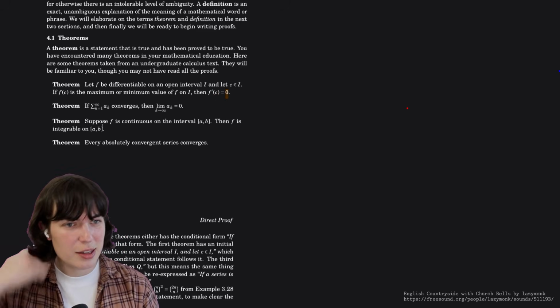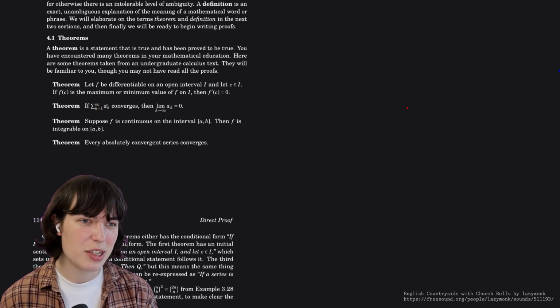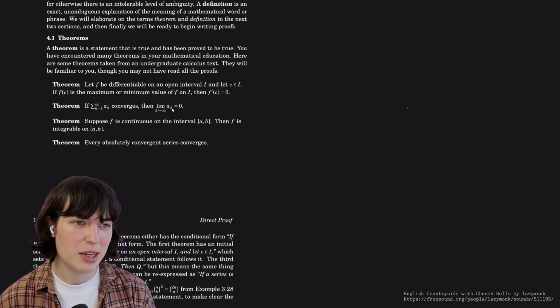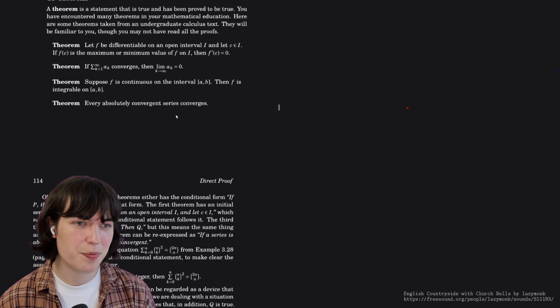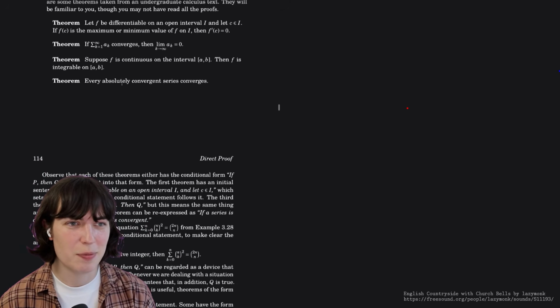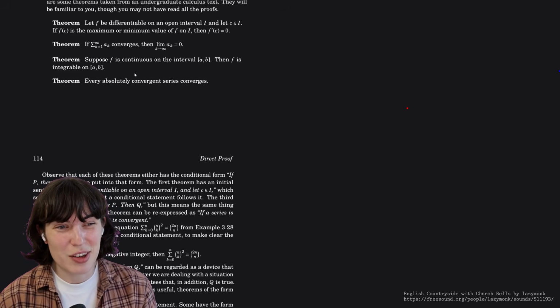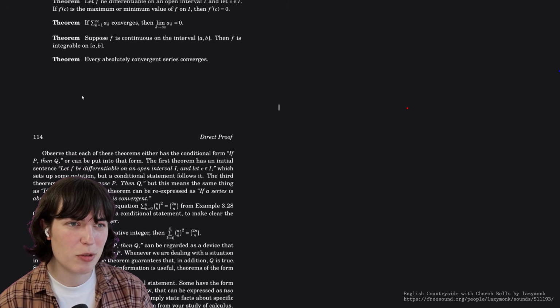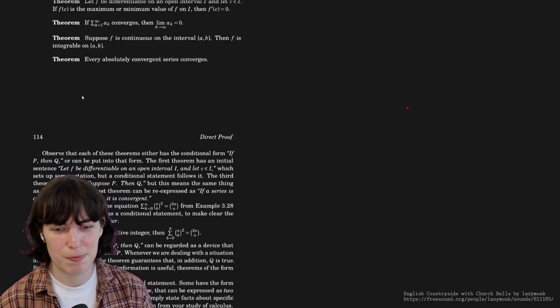If the sum of a_k from k to infinity converges, then in the limit, a_k is 0. Suppose f is continuous on the interval a through b, then f is integrable on a through b. Theorem: every absolutely convergent series converges.